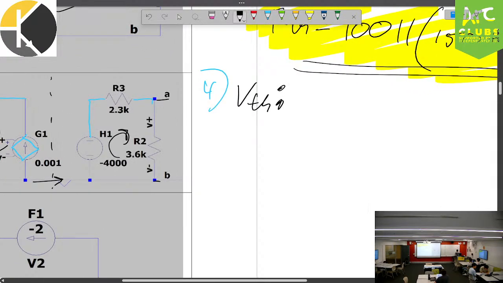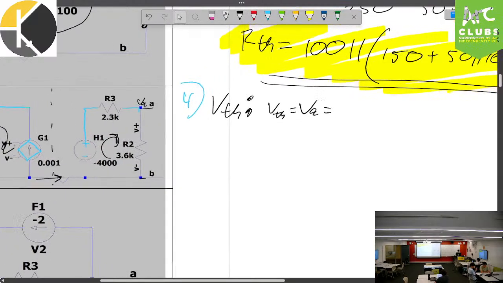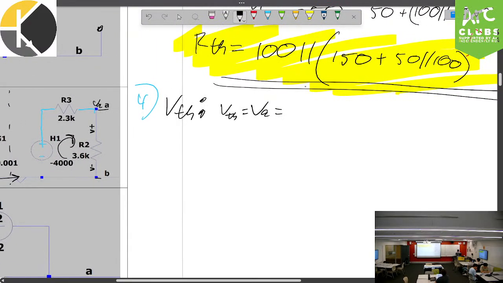To the terminals AB, we have a voltage source with a minus 4,000 volts. And let's think about how this goes. Let's voltage divide to find VA. So V Thevenin equals VA, which is going to be equal to voltage division across these values.